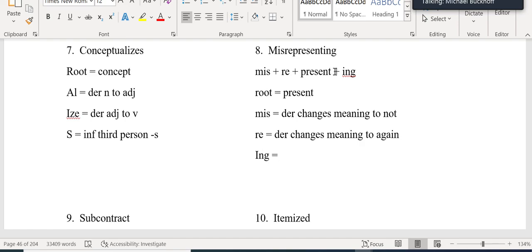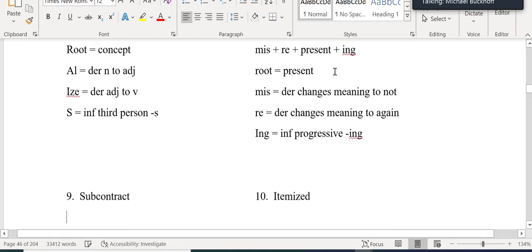So this one is inflectional, and what's the grammatical information? Is it progressive? Yes, good. Progressive or continuous. So inflectional, continuous, ing affix there. So that kind of gets that one.